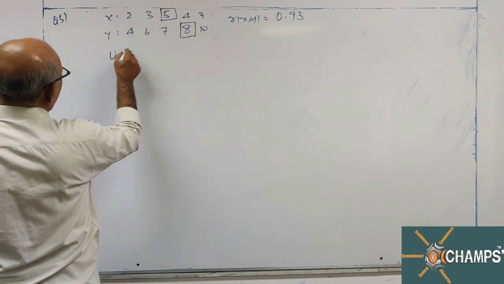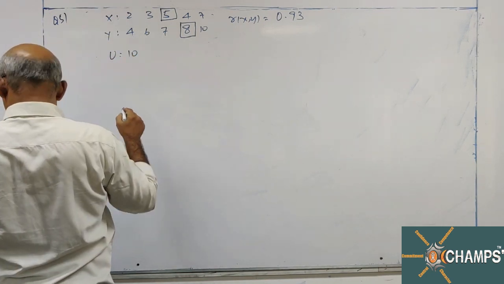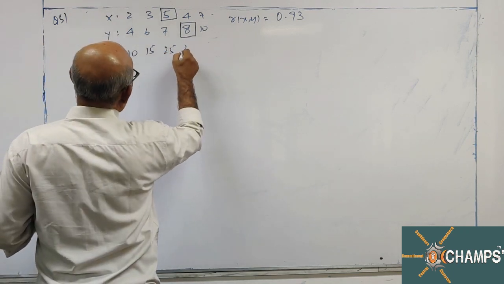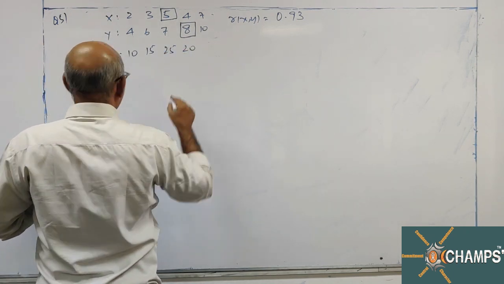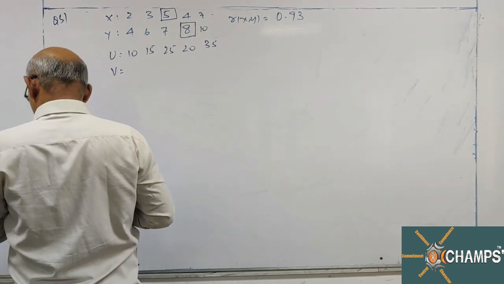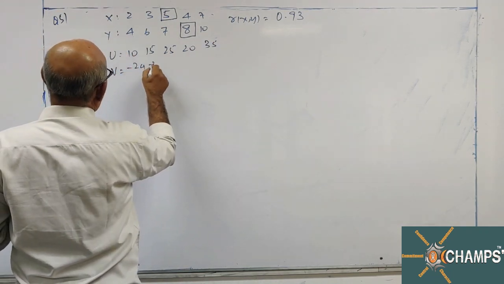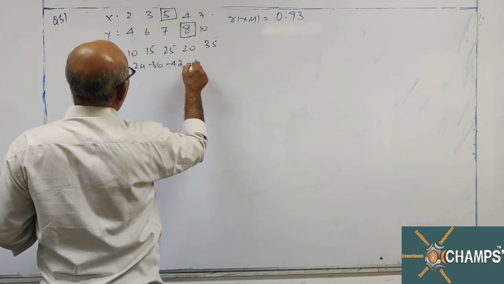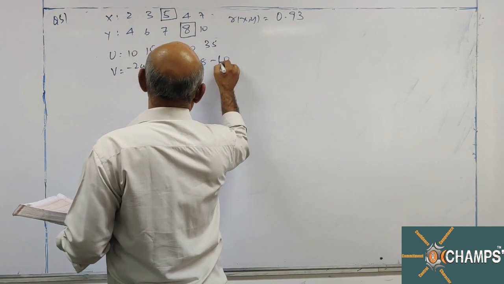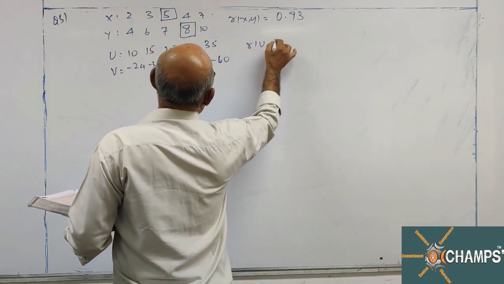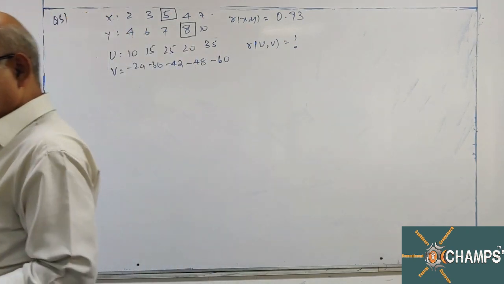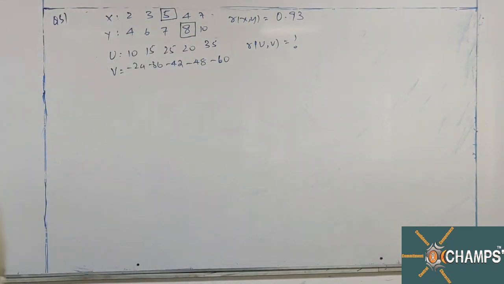U is equal to 10, 15, 25, 20, and 35. V is equal to minus 24, minus 36, minus 42, minus 48, minus 60. R of u comma v is question mark.